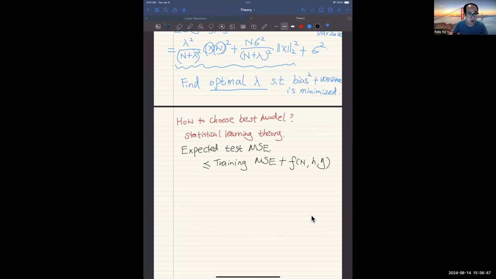So n is always the size of the training set. This h here is the measure of the model complexity. You can think of it as sort of close to degrees of freedom. And the eta here is the probability that this bound fails.